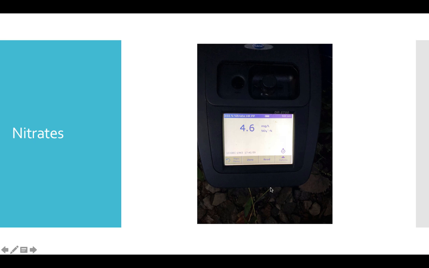Nitrates occur in surface water, and they can be found in concentrations up to 30 milligrams per liter. Ours is pretty low at 4.6, but these nitrates get converted to nitrites, which get converted to ammonia, which get converted to organic nitrogen, which becomes very unstable and will volatilize and can be problems.